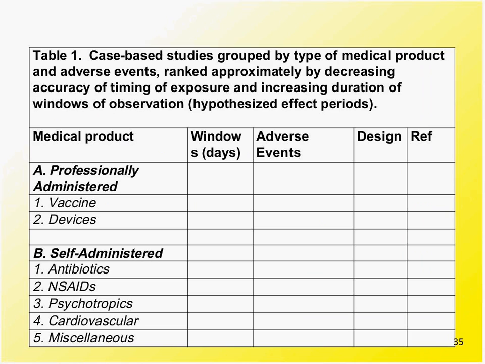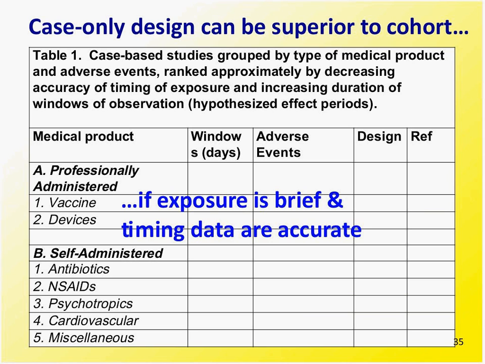I'm looking at the time and realizing I need to go quickly. Essentially, this is a table that was in the paper that we did for Mini-Sentinel, reviewing all studies that have been done using these designs, and then ranking the exposures by accuracy.